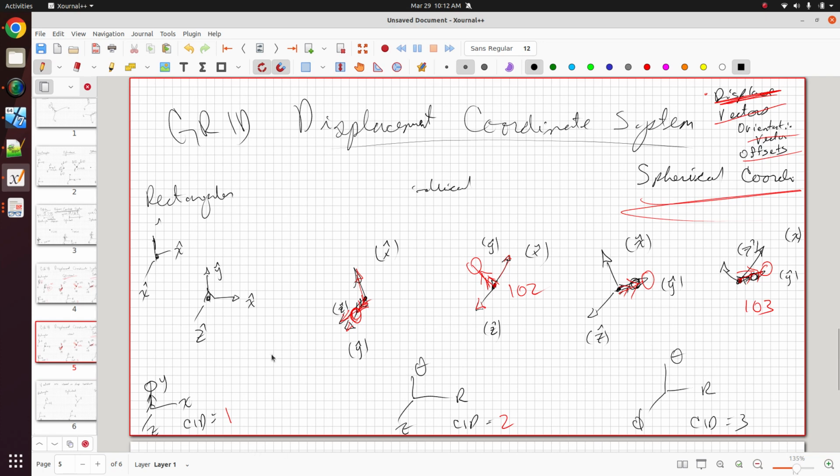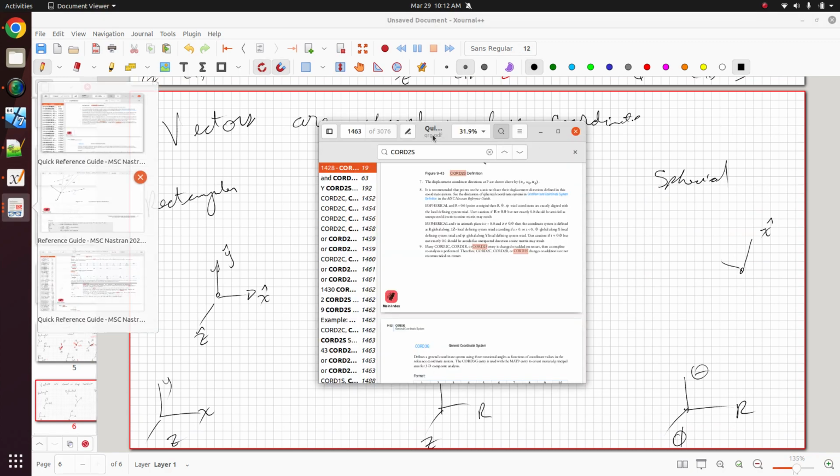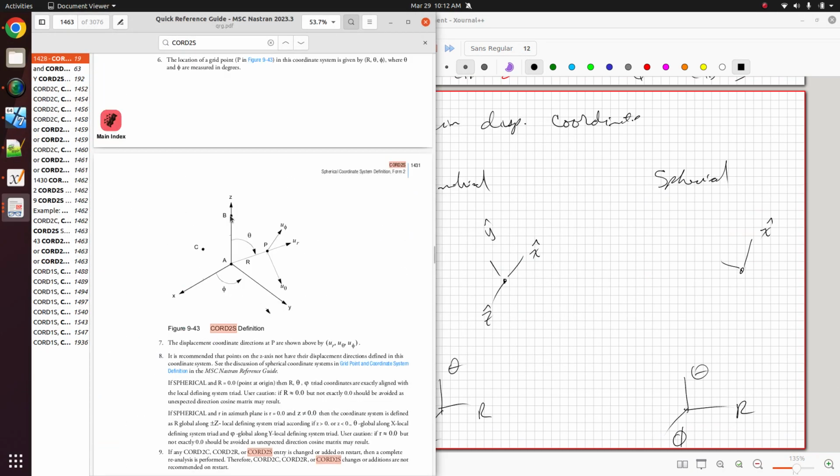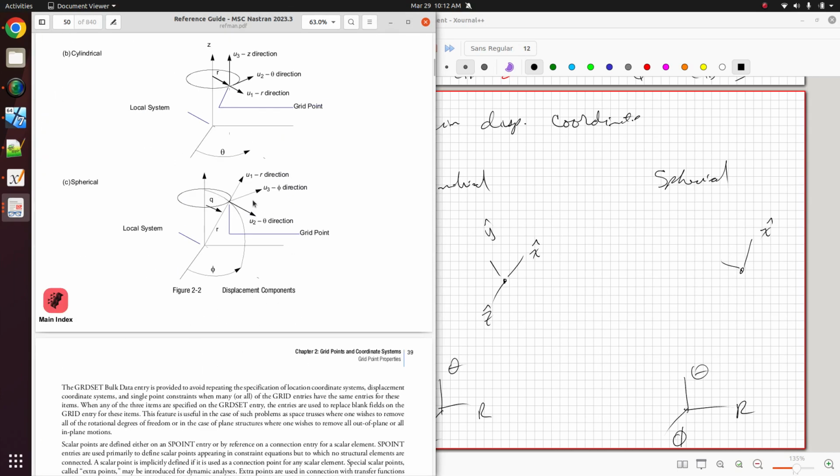Right, z. So let's go ahead and draw z. And let me just double check in the reference guide just to be 100% sure. I'm looking for what the value is here. So this would be, right, phi. So this would be my z hat. And then y would be in this direction.